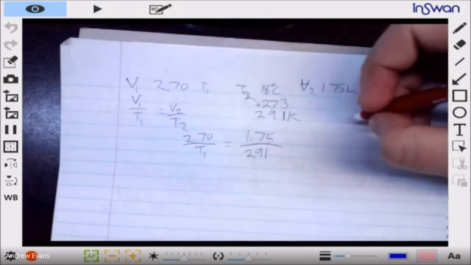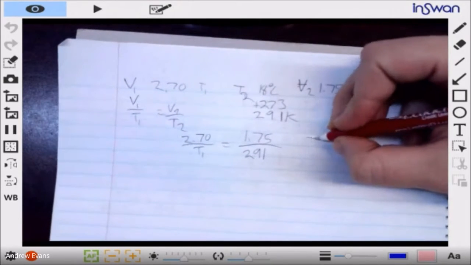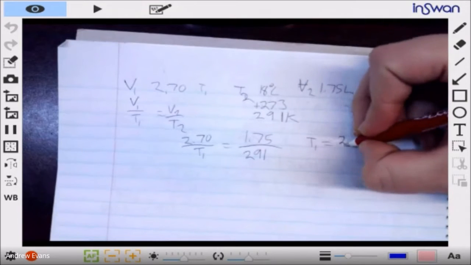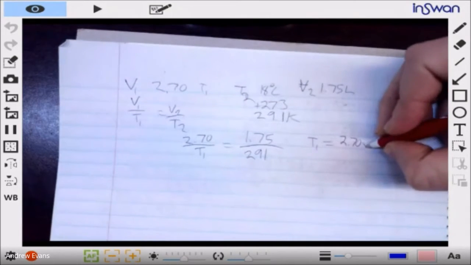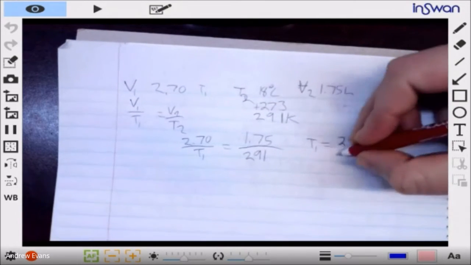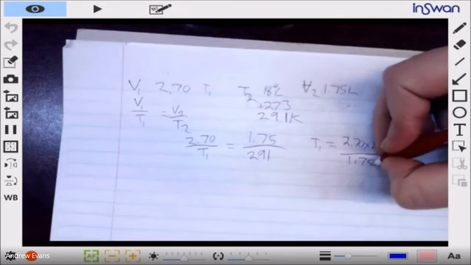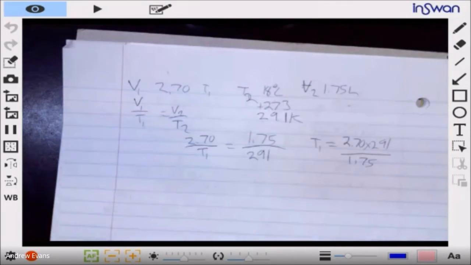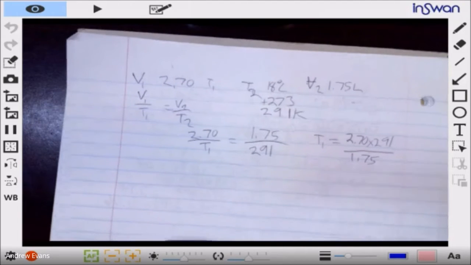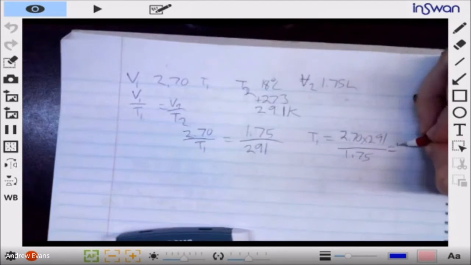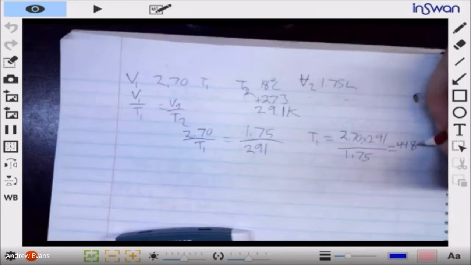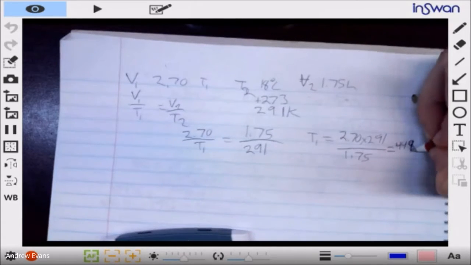So with that in mind, T1 is equal to 2.7 times 291 over 1.75. That gives us 448, let's say 448, 449. We'll round to 449.